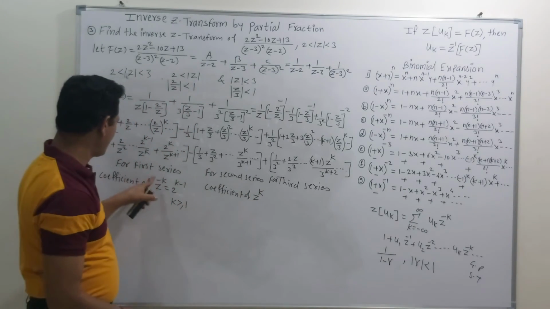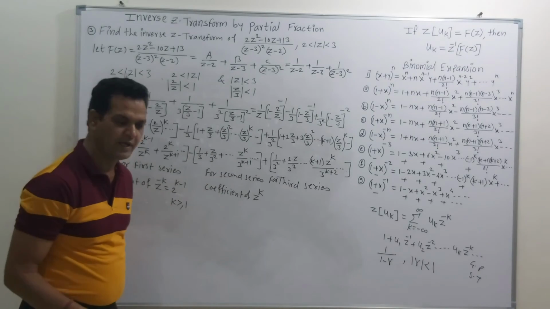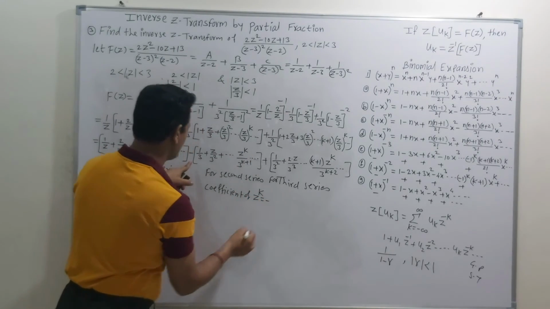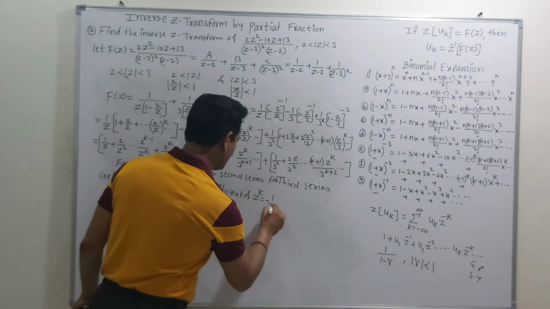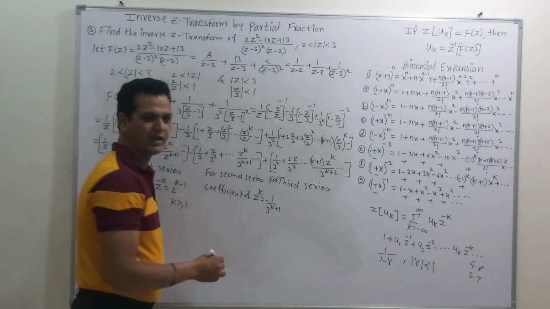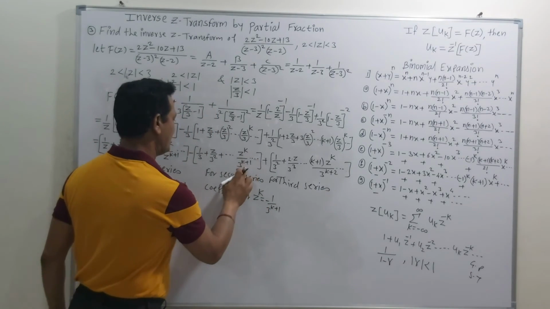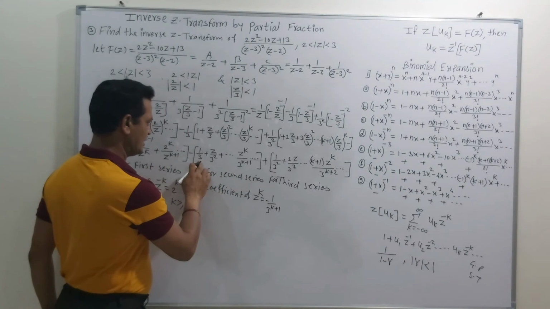Here z raised to k is in the numerator, so we get the z raised to k coefficient, and its value is minus 1 upon 3 raised to k plus 1. Now again find the condition on k. In particular, put the value of k in such a way that we get the first term, that is k equal to 0.